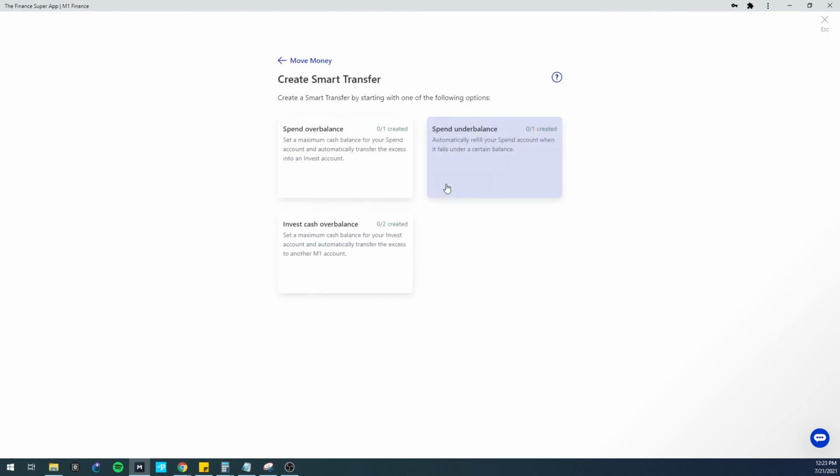Smart transfers allow you to, on a very micro scale, transfer cash balances between accounts.